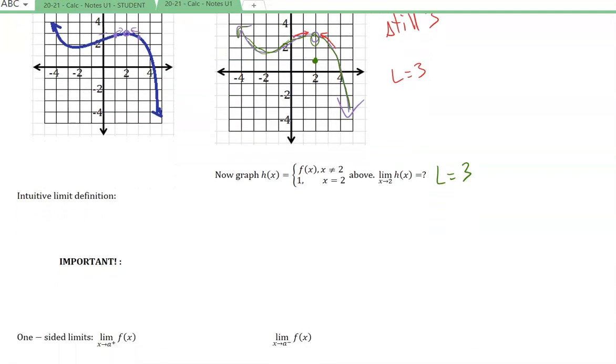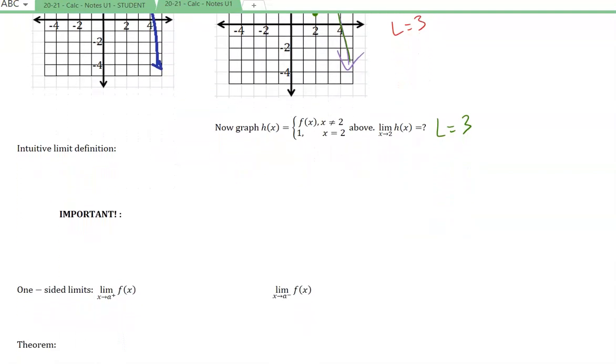All right, so let's give an intuitive definition. This is just our intuitive understanding of what a limit is. We're going to write this: as x gets closer and closer to c, f of x gets closer and closer to L. x is the input, f of x is the output.